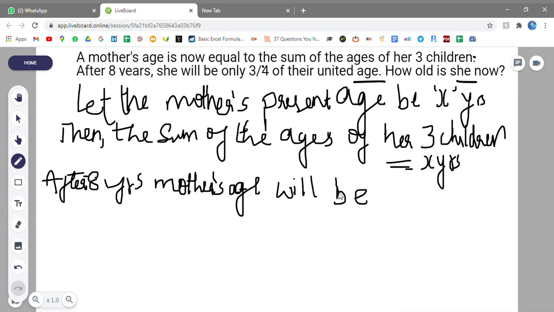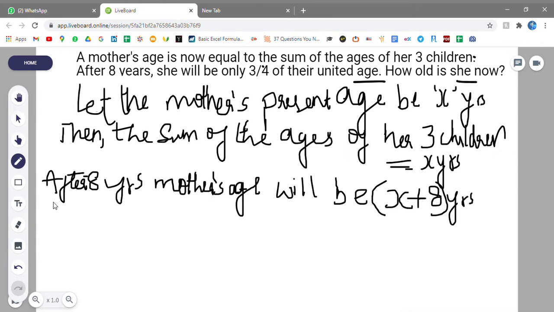Now, if the age of mother now is x years, after 8 years, that is forward. So it's going to be x plus 8 years. Correct?